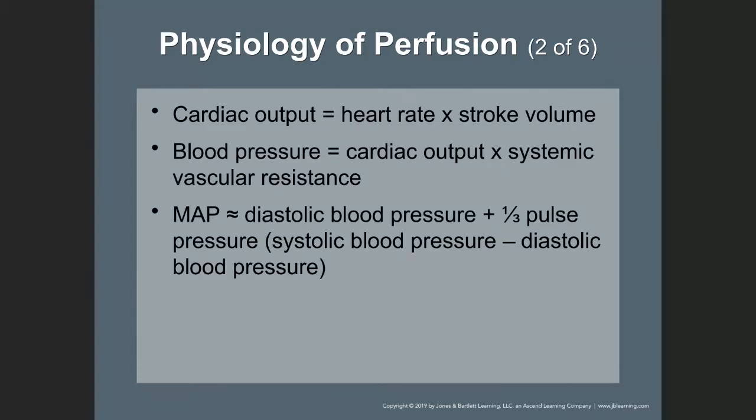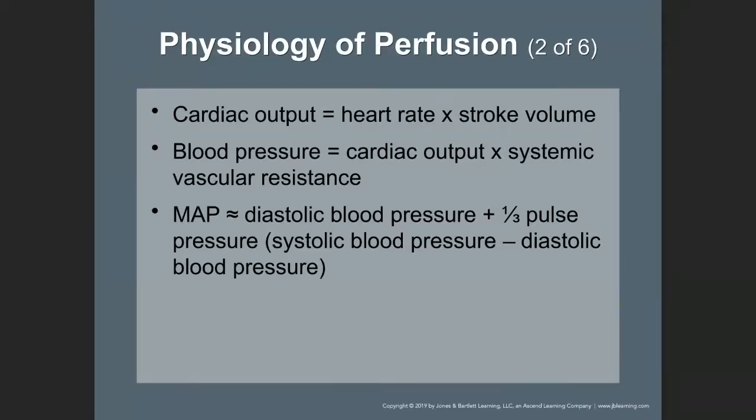The mean arterial pressure is the average pressure required to circulate blood to the organs within the body within a cardiac cycle. So the average pressure that is necessary to circulate blood within the body to the vital organs is the mean arterial pressure.